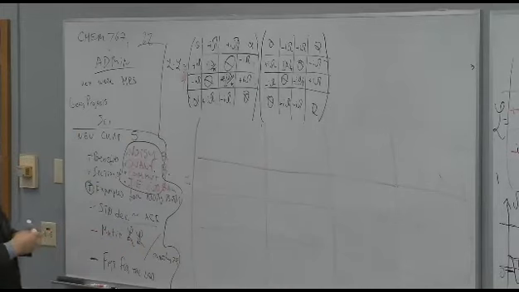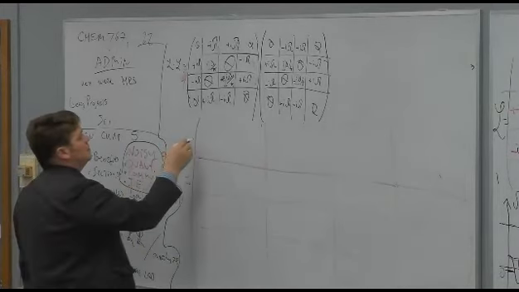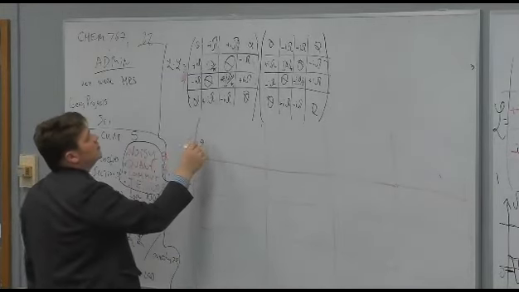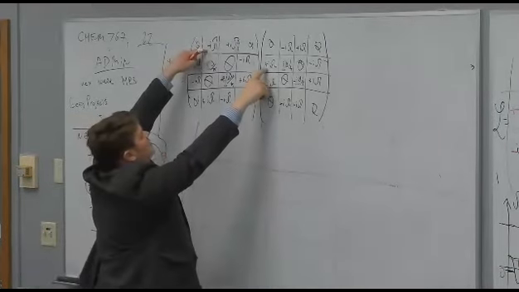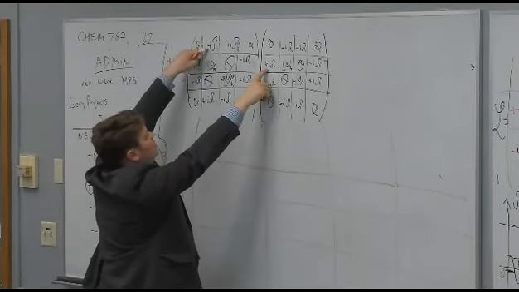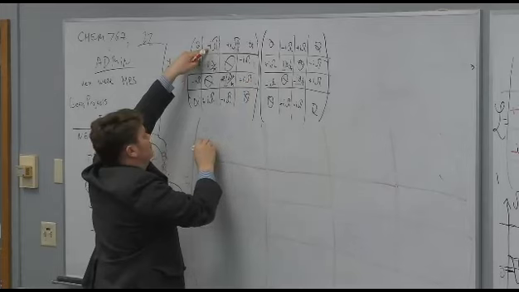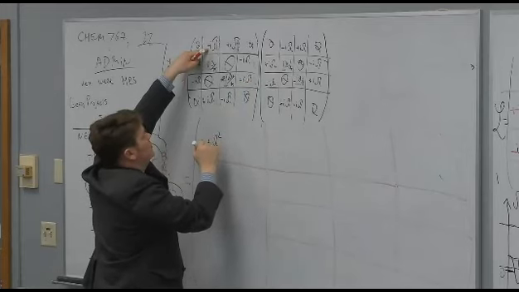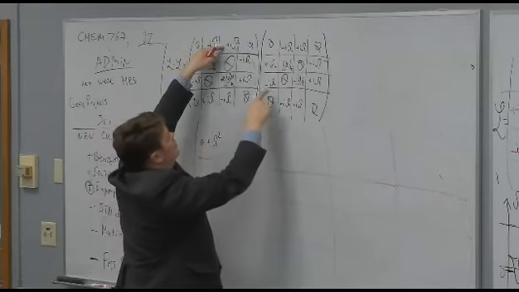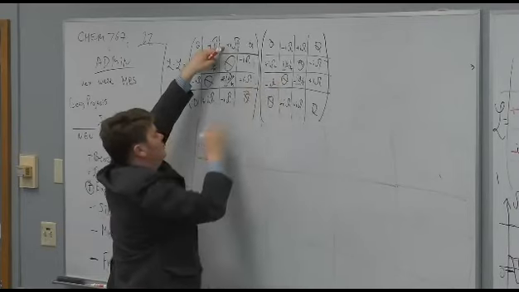So the first one, 0. i times i is minus, and another minus, plus omega square. Another omega square, right?